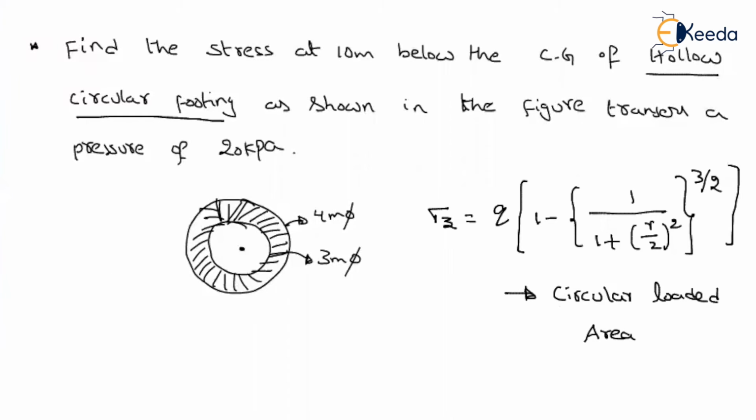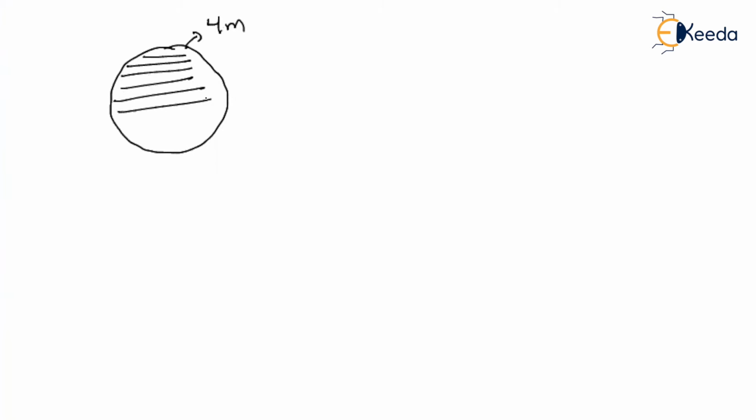So for that, let us say I am having a circular load having diameter 4 meter as shown in the figure. Let us say I am considering a complete circular loaded area and I am finding stress at the CZ point. Because of this, I will say sigma Z1, and I will consider the same intensity, let us say 20 kilopascal.